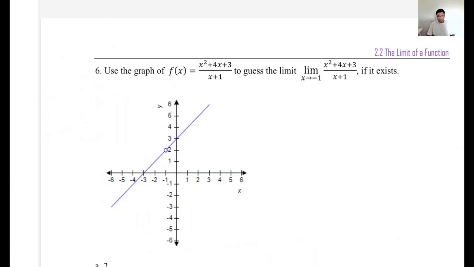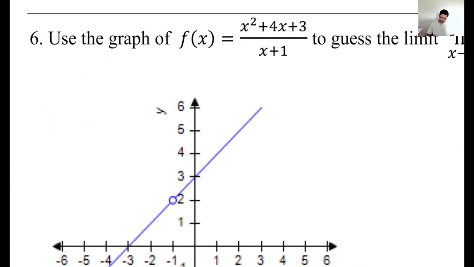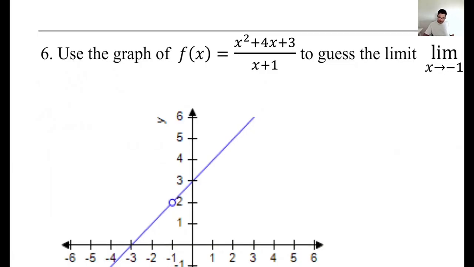Use the graph to guess the limit if it exists. Okay, just guess from the graph, no more analysis needed. This is x plus 1, so you should be looking at the point when x is equal to negative 1. That is the only time you have to worry, right? The denominator becomes 0.